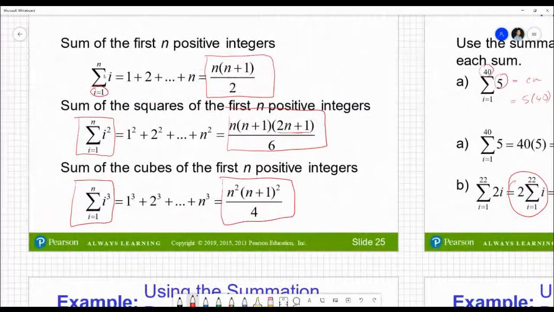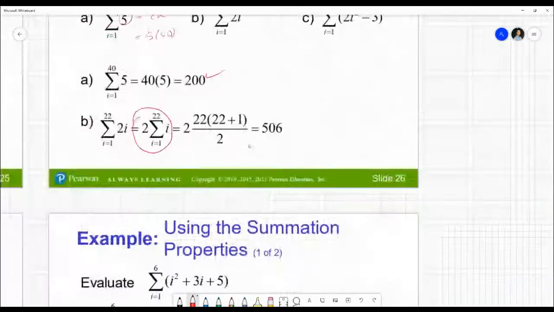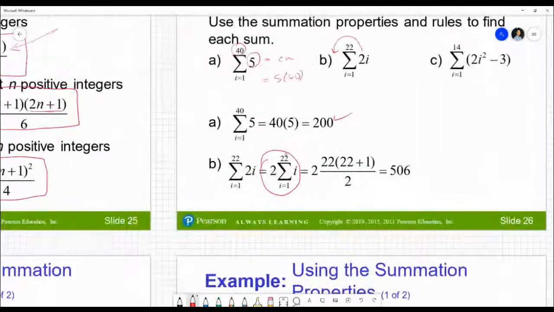If you have I from 1 to n of just I by itself, then you can just plug in the value for n here. So my n value is 22. I factor out n here. So this is n times n plus 1. Okay, so plugging in, you get 5 over 6.